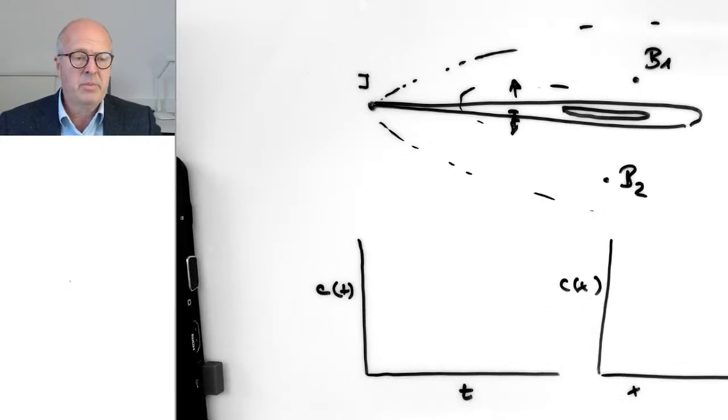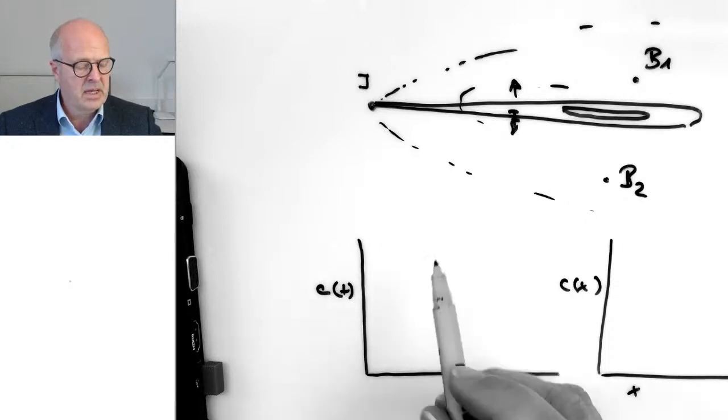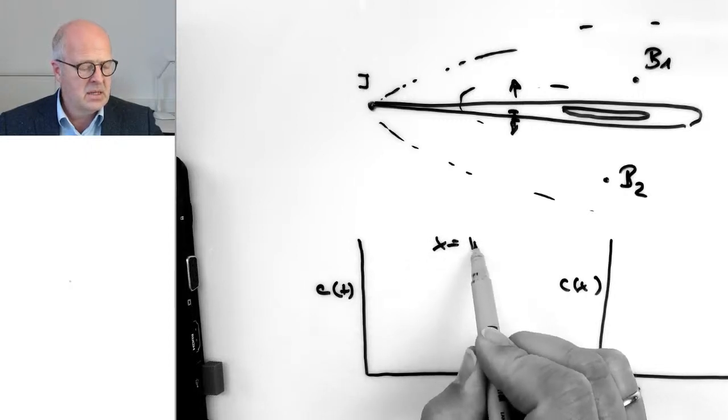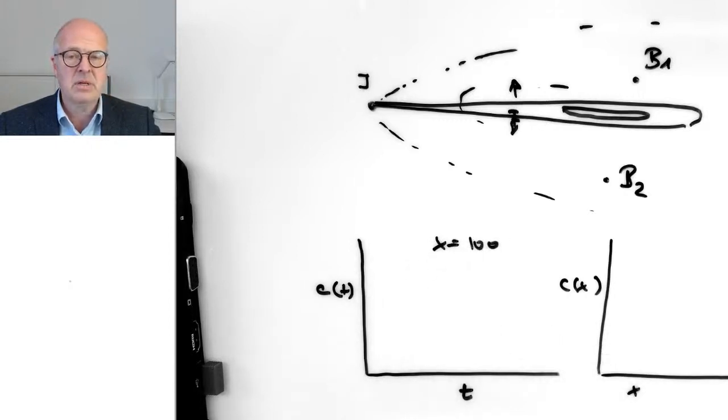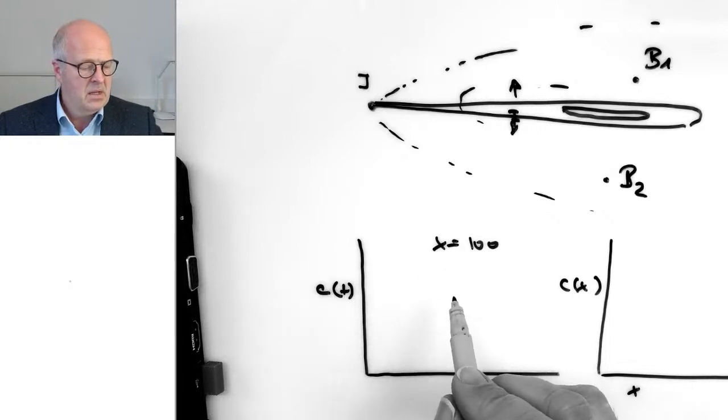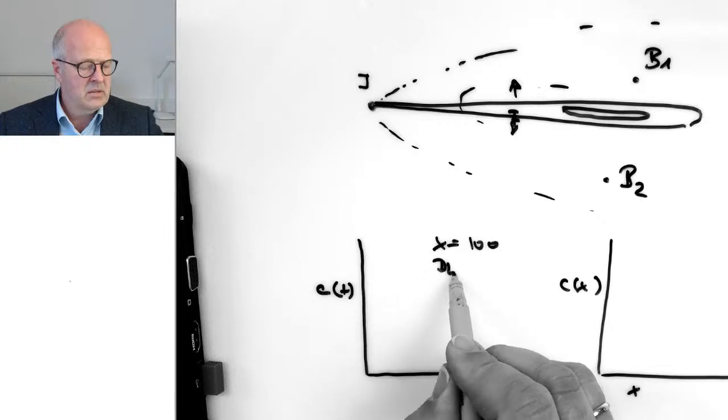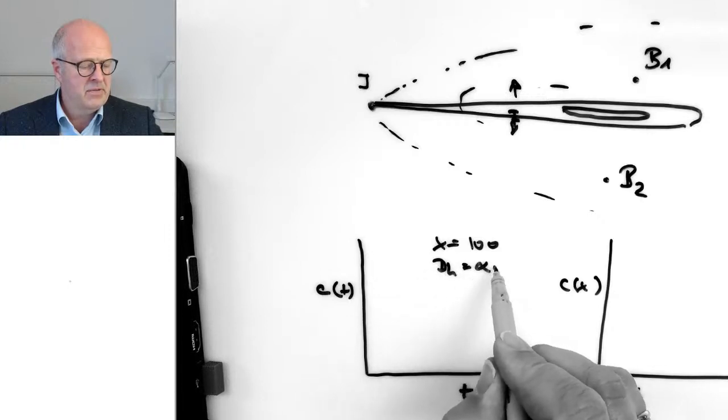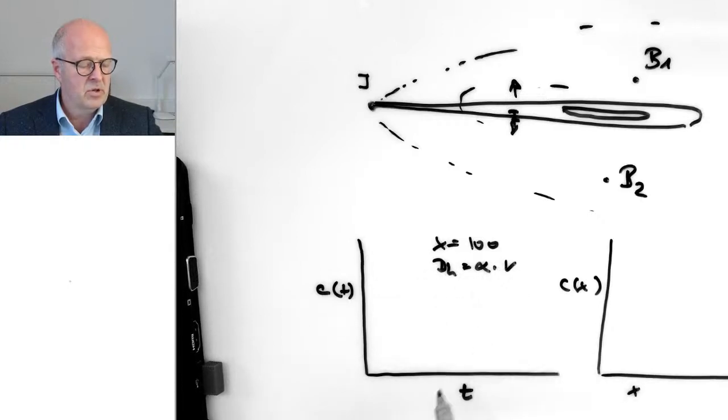So I have prepared 2 examples here. One is that we have the concentration as a function of time. So we say that x is constant, 100 meters. We calculate dl as alpha times velocity.